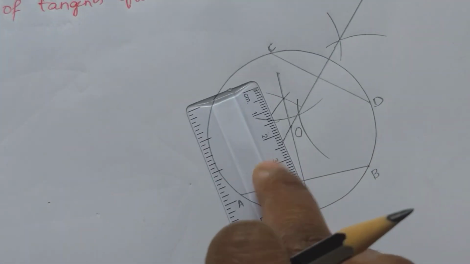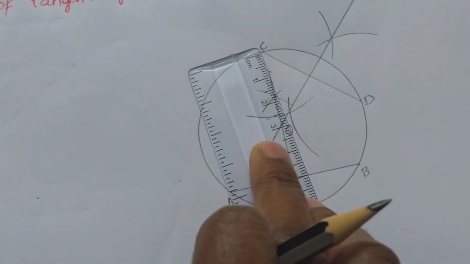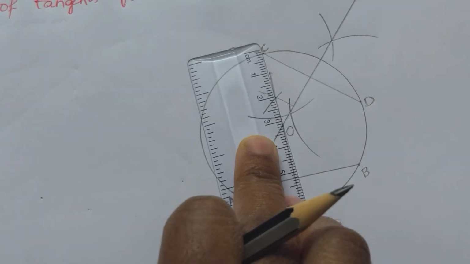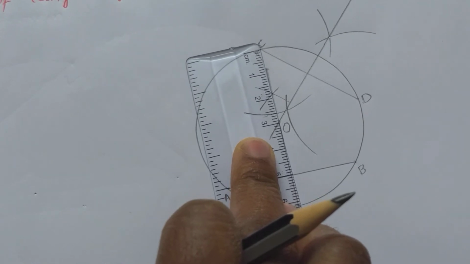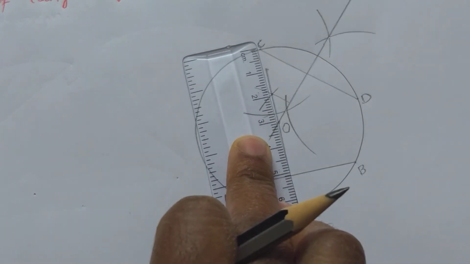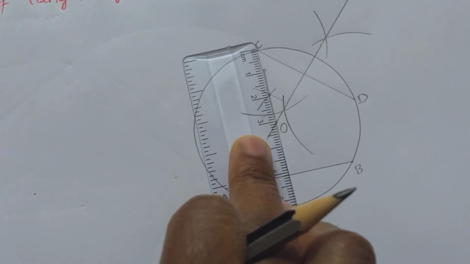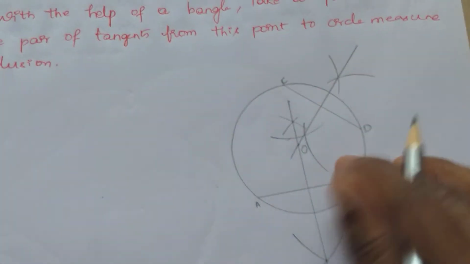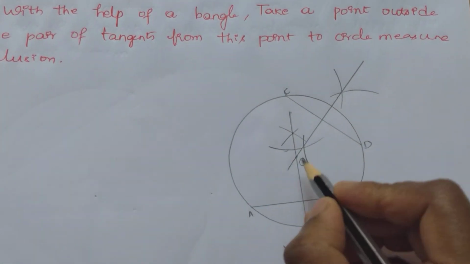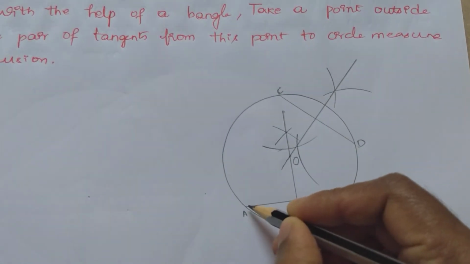So now let's see from O to C also. From O to C. You can see here it's 3.1, correct? It is 3.1. So now the radius for this circle is what? It is 3.1.